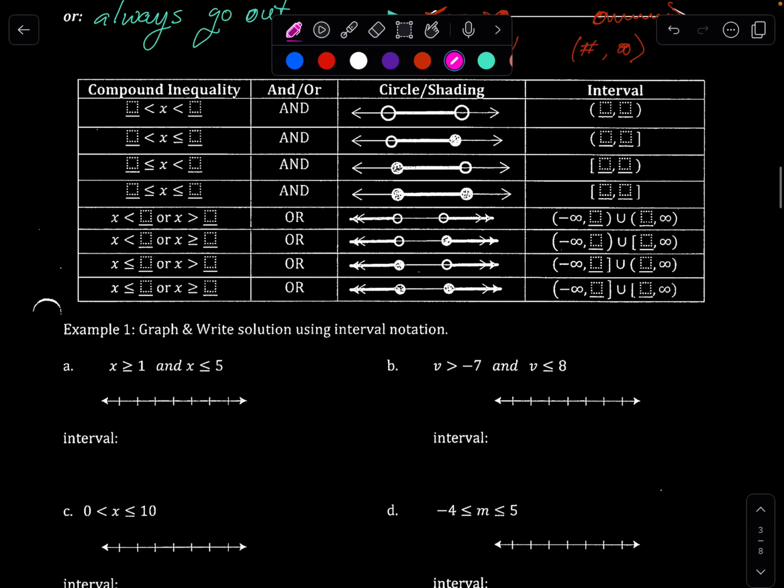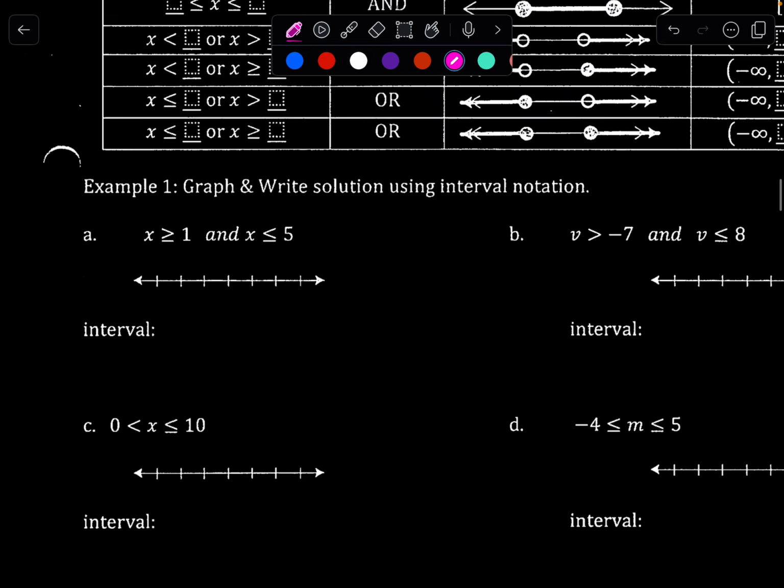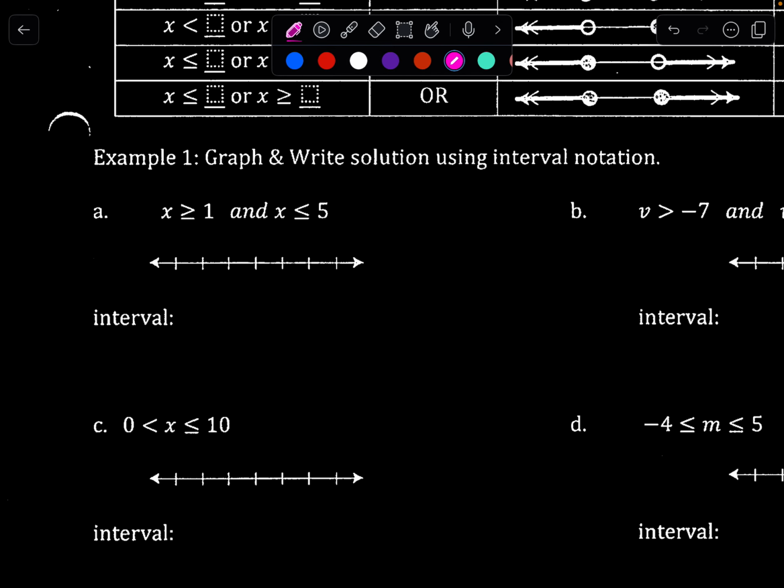Now let's get a couple of examples. Write and graph, and write the solution using interval notation. So "and" means in, got to remember that. First we put our circle here on 1. It's a filled dot because it's still equal to.